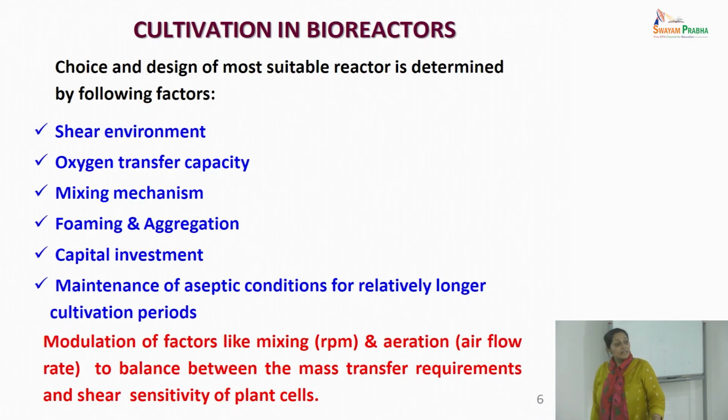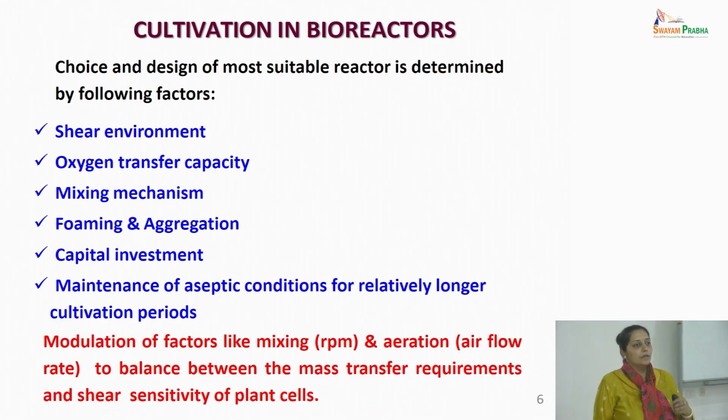Then foaming and aggregation. Not all fermentations will show you foaming and aggregation, but with plant cell fermentations, because of the cell aggregation and the cell lysis which might happen due to the aggregates breaking up, you may observe more foaming, especially in the log phase. That is also because of the media composition and the cell aggregation and breakage. Plant cells also have a tendency to adhere to the glass walls.